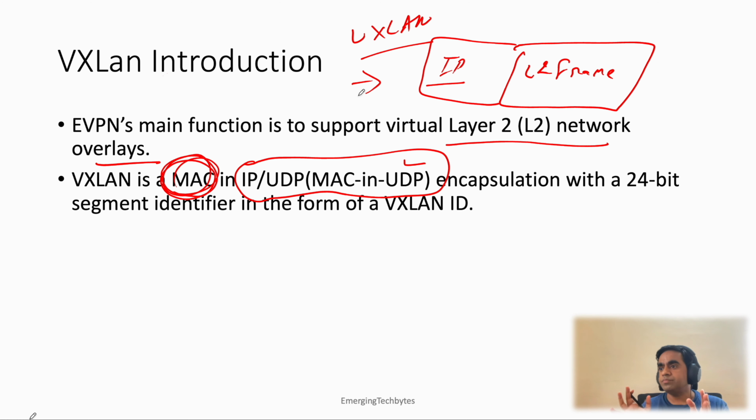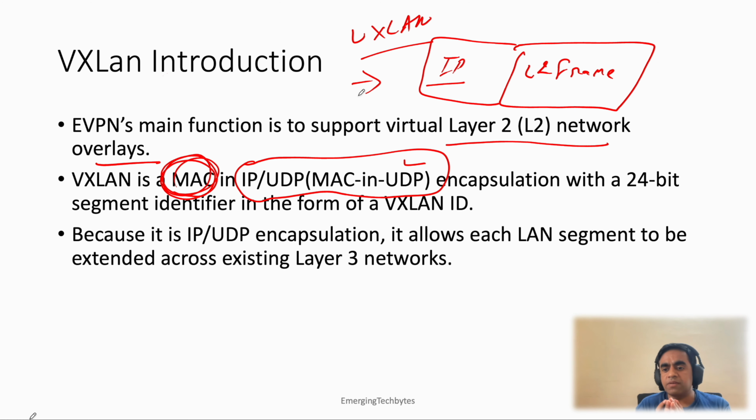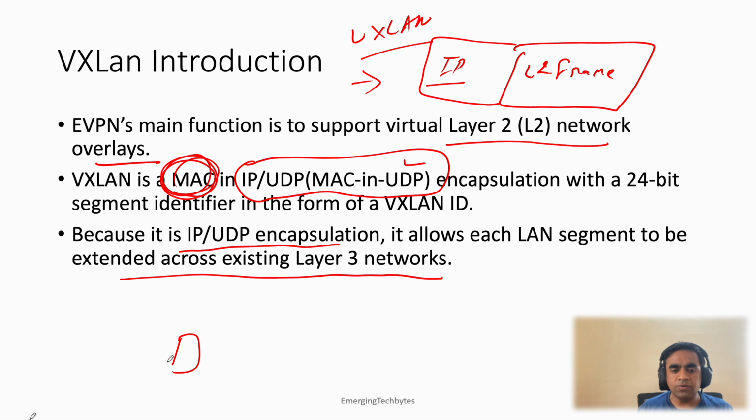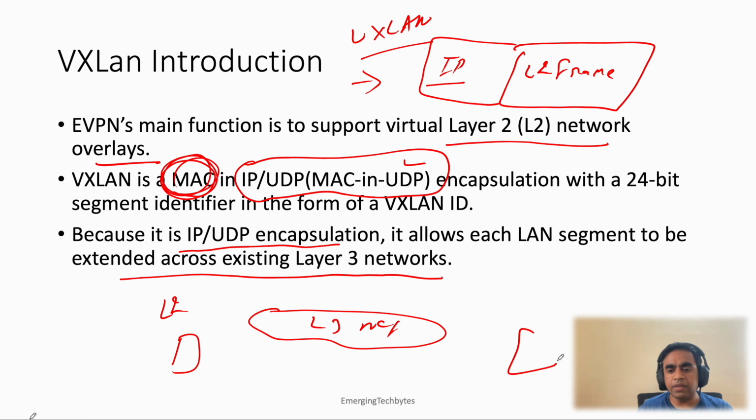And then, as I was saying, because this is an IP/UDP encapsulation, it is allowed to be extended across the layer 3 network. Here is a layer 2 network, an L3 network, and then you have your same L2 network here.